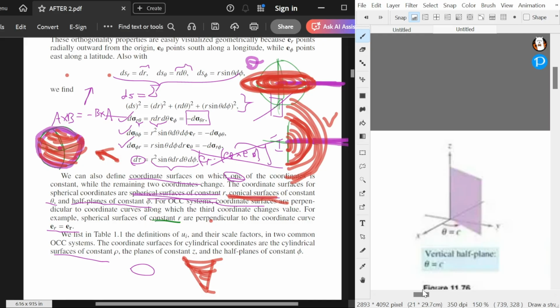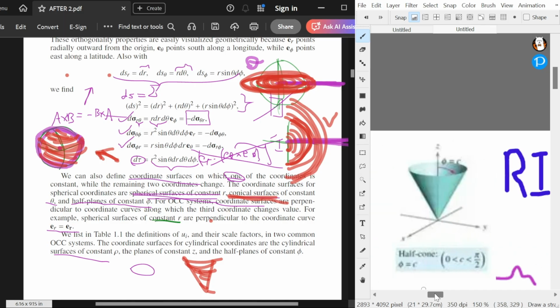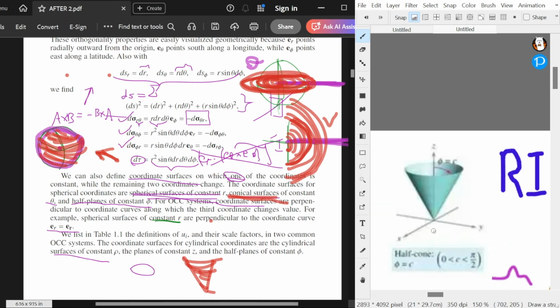R goes out to infinity. Theta is able to change. Phi.